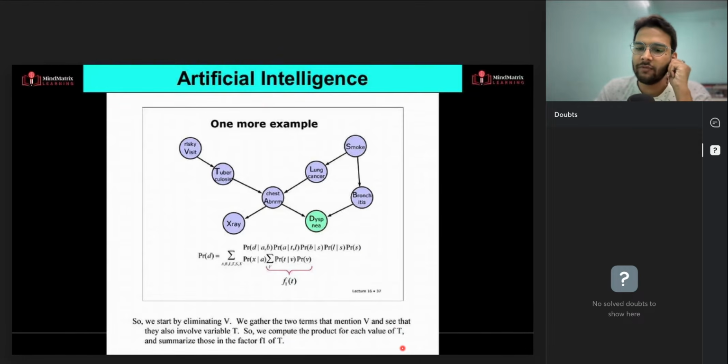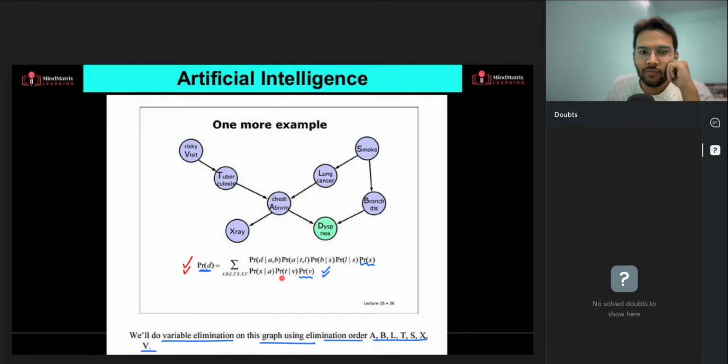So carefully see this. We have probability of T given V into probability of V. Let's start with V. Can I say I can have sum over V here, because in any other term, V is not there, correct?